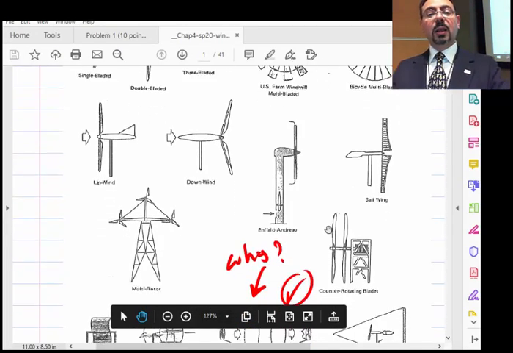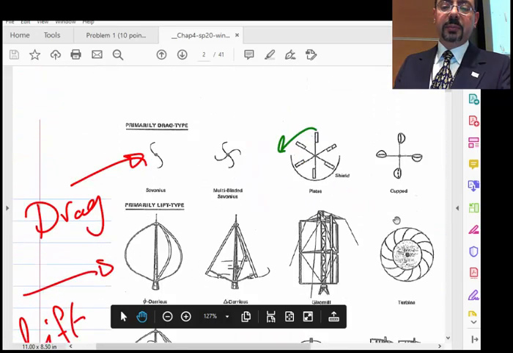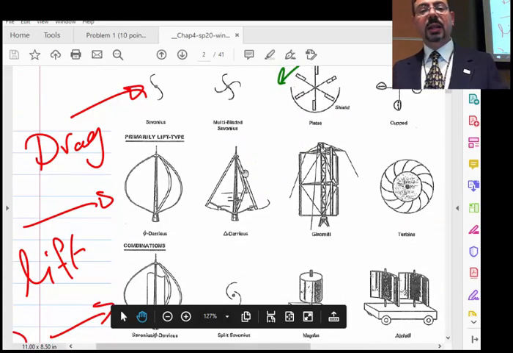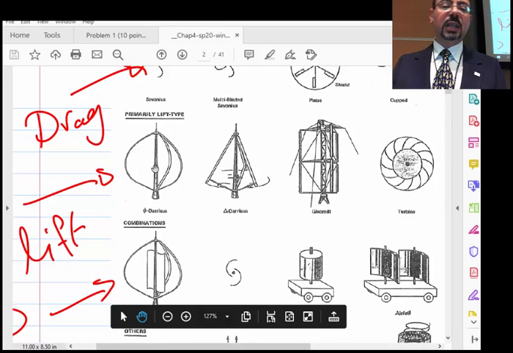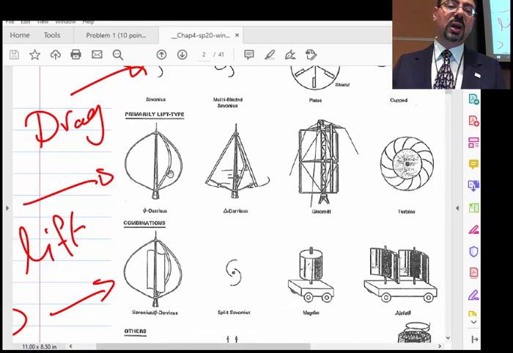Alright? So, having said that, lift machines, this one is actually based on lift, because those are airfoils, okay?